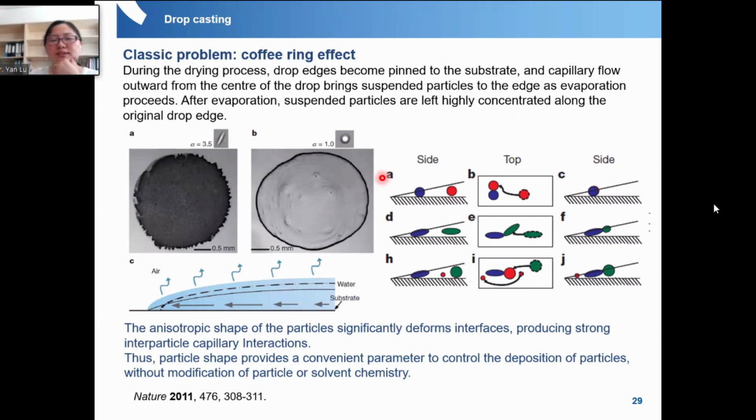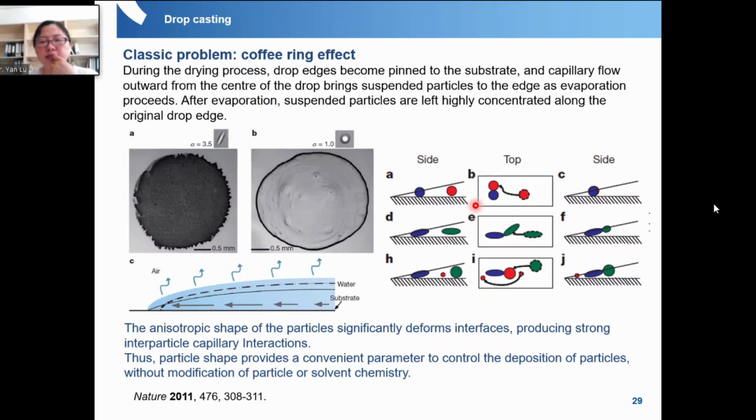And these authors were trying to solve this coffee ring effect, and they found that if they use ellipsoid particles, so anisotropic particles, they overcome this coffee ring effect and form a homogeneous deposited film on the substrate. And they think this is because of the anisotropic shape of the particles, which deforms the interface between the particle and the solvent.